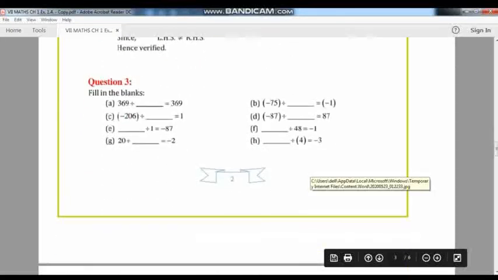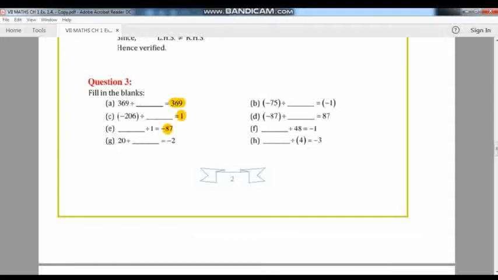Coming at question number 3, it is asked to fill in the blanks in order to get the given answers. Now first of all, in question A, if we have to divide 369 with something in order to get the same answer 369, we will divide it by 1. Coming at question number F, we have to divide something with 48 in order to get minus 1, so we will divide it with minus 48.